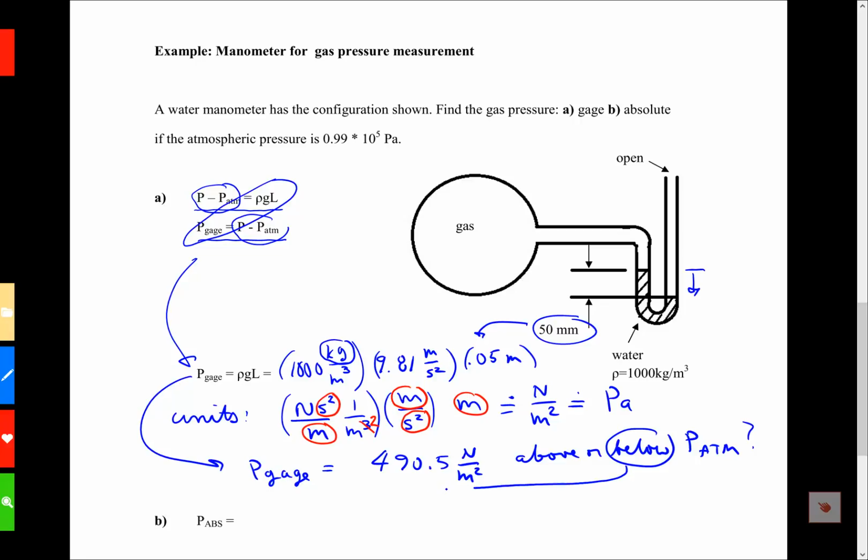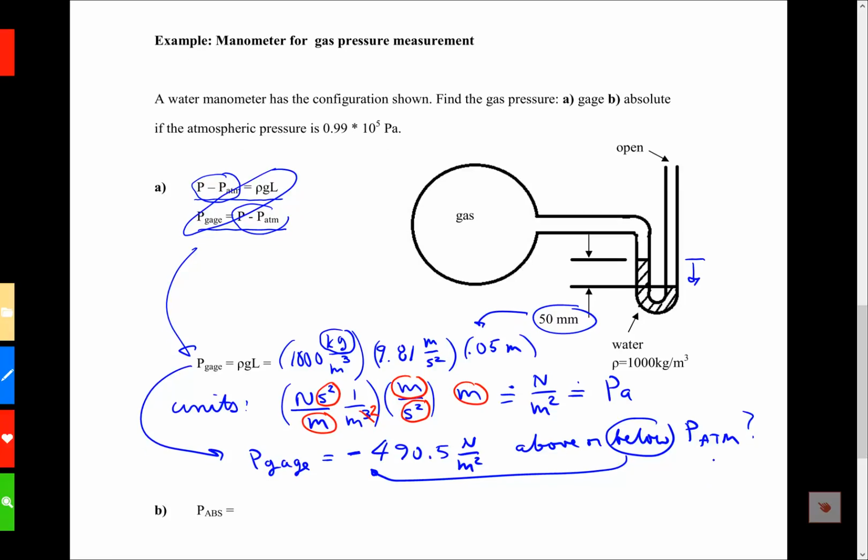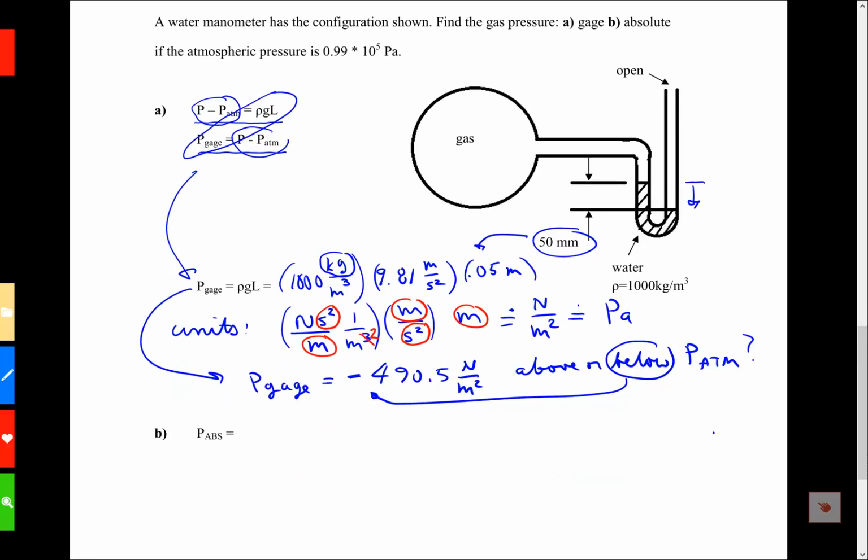And the way we denote that is we put a minus sign on for the gauge pressure. So this is a minus gauge pressure, sometimes called vacuum, but I'm just going to say the gauge pressure is minus 490.5 newtons per meter squared. For part B, we're asked to find the absolute pressure, and the absolute pressure, rearranging this relationship up here, is the gauge pressure plus the atmospheric pressure.